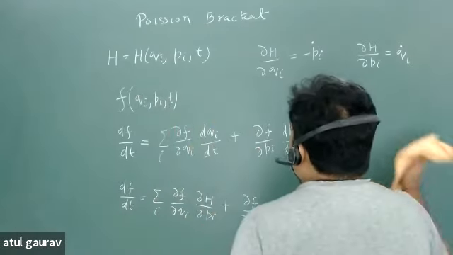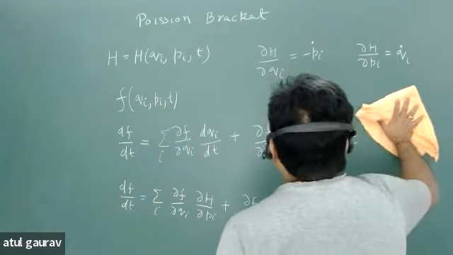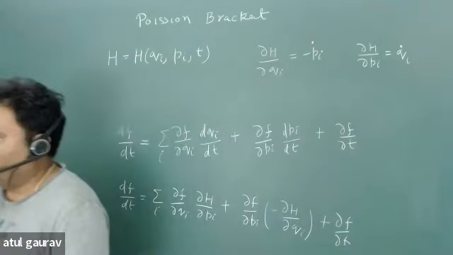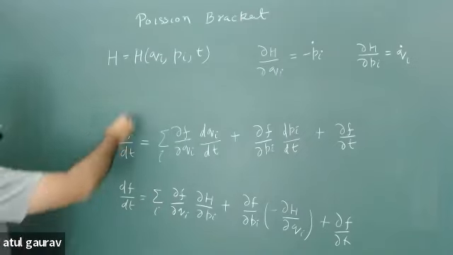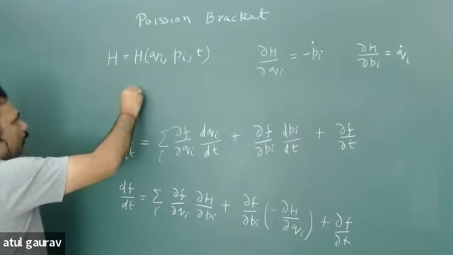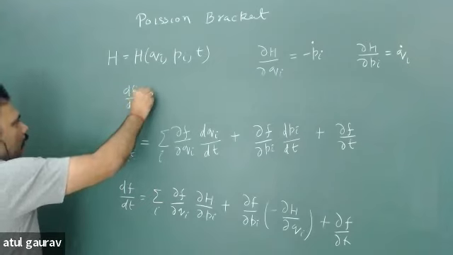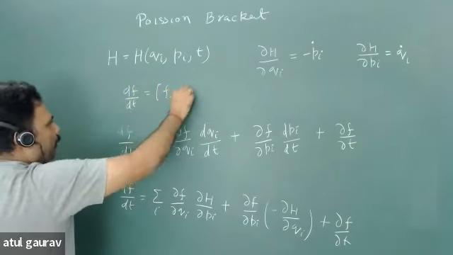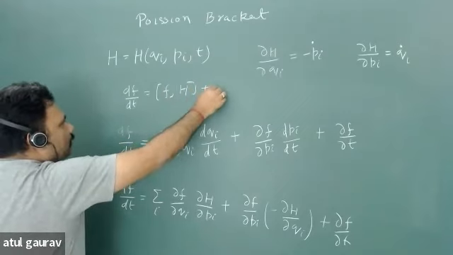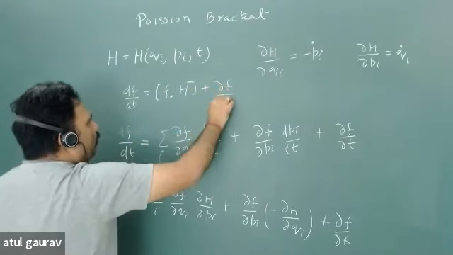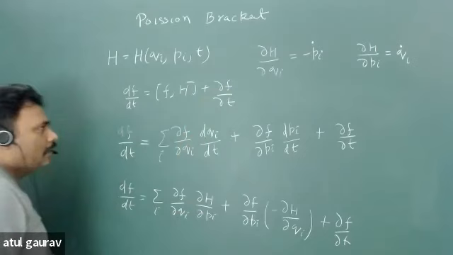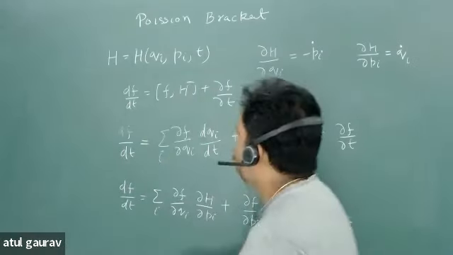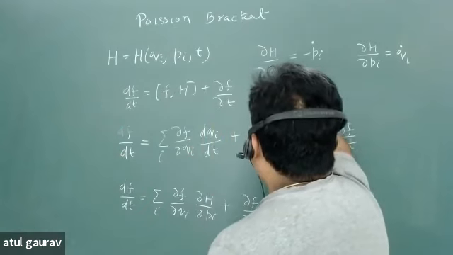So what is your Poisson bracket? Let me use this space. We can write df upon dt is equal to the bracket of f and h, plus del f upon del t. And what is this f and h? The f and h is a Poisson bracket.